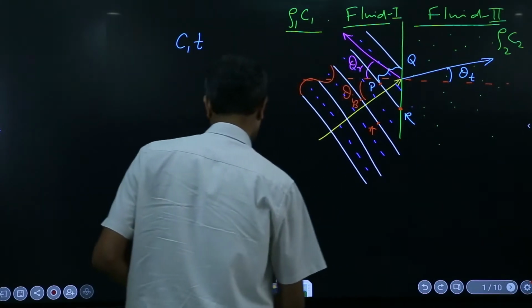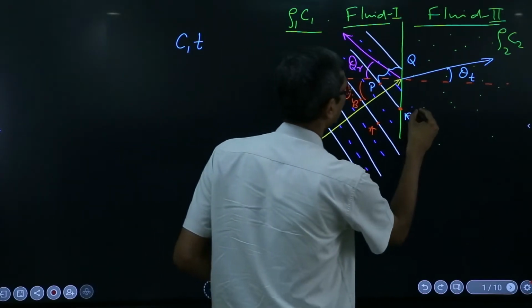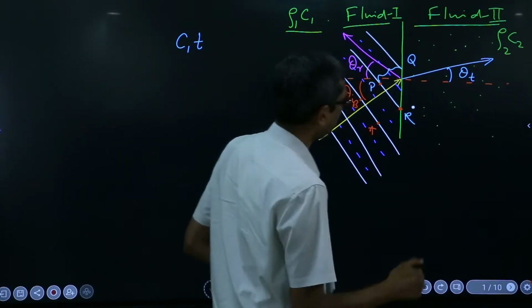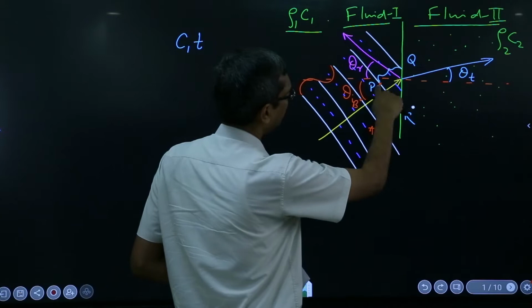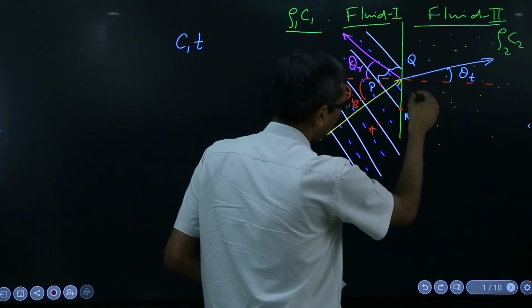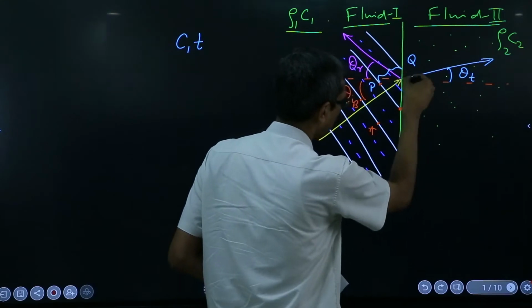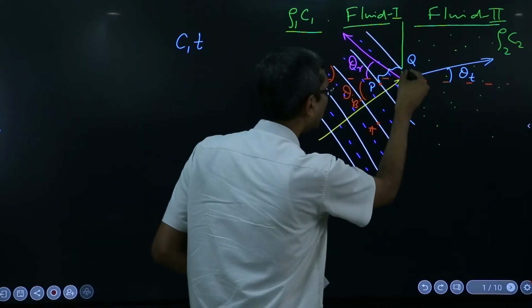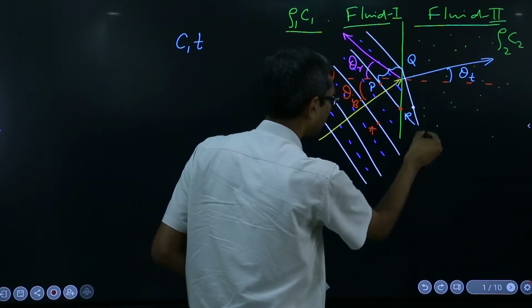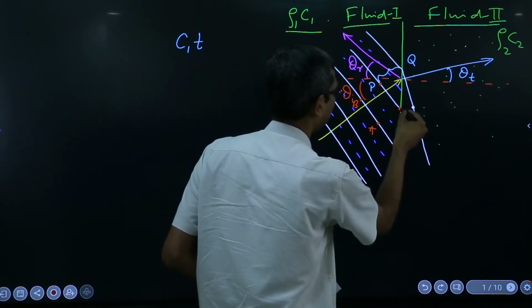Let me draw it right. Not that much, but here maybe is A's new position when B reached Q. Now B has reached here, and the front will start like this.